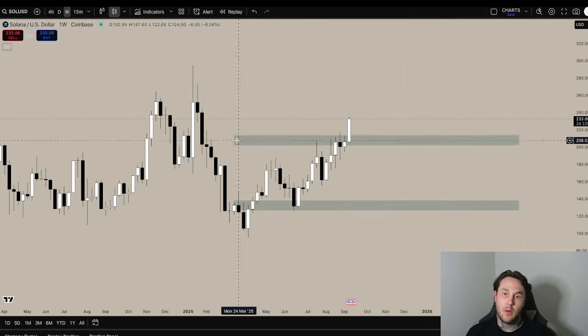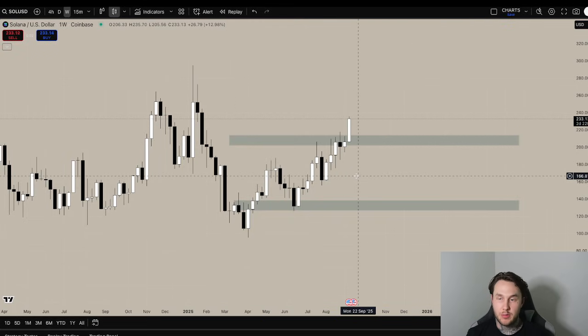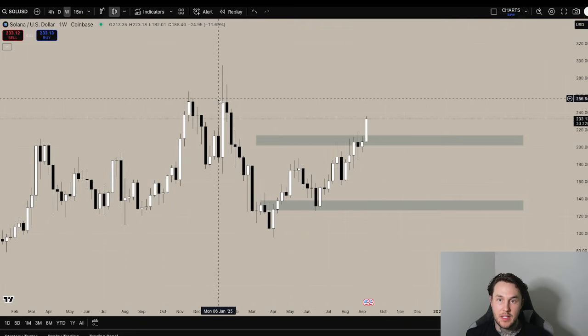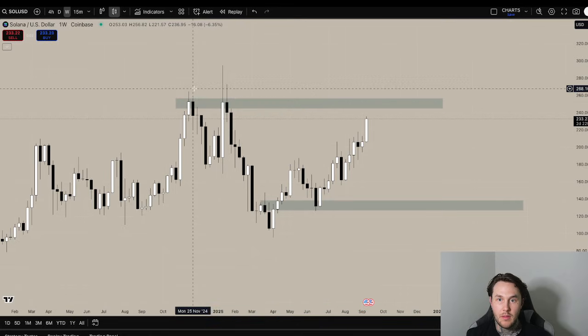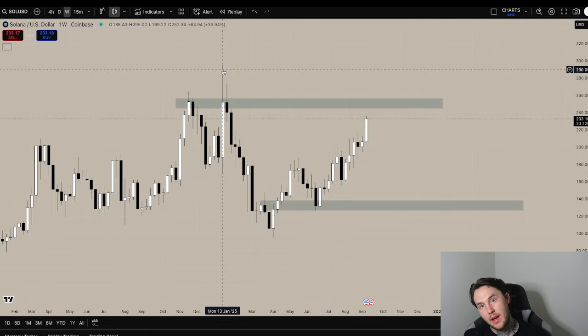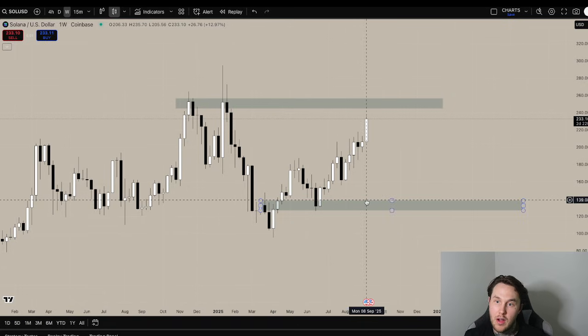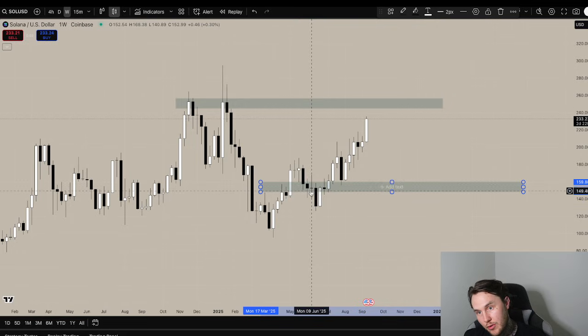Now, what classes a break of support or a break of resistance? As you can see here, we have the resistance zone. This is not a break. Price is pushed up and sellers have pushed the price back down, and it closed at resistance and then moved back down again. Here, price has moved through.